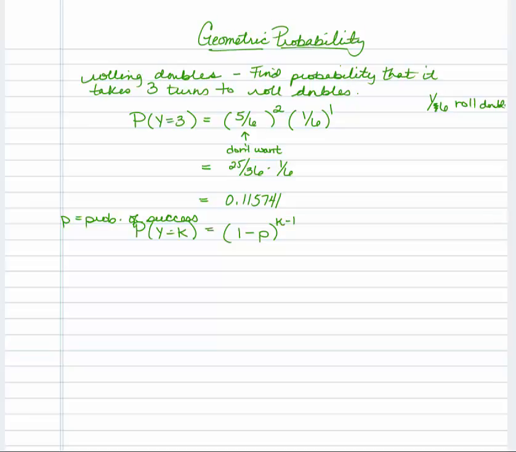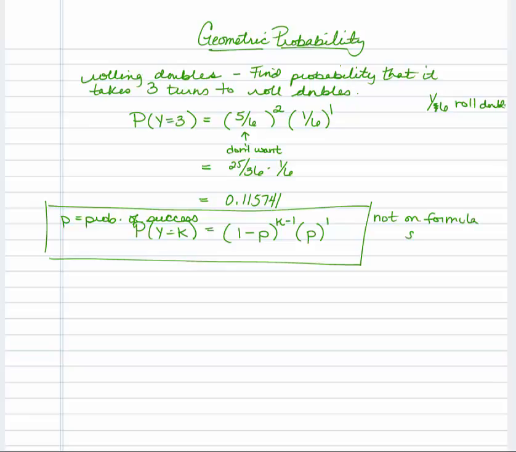Because if you're doing 3 tries and you want to get it on the third turn, then technically you want to fail 2 times, or 1 less than 3, and then you want to succeed 1 time. Unfortunately, this is not given to you on your formula sheet. But I believe there's a way to get this in our calculator.